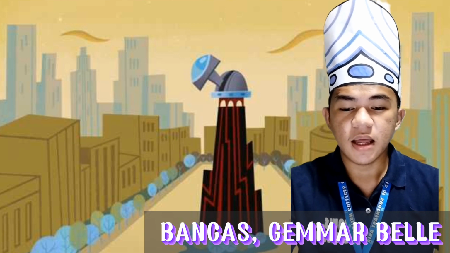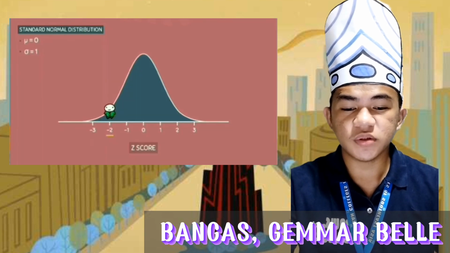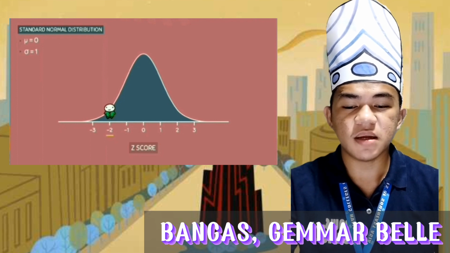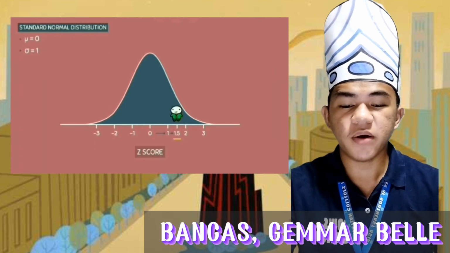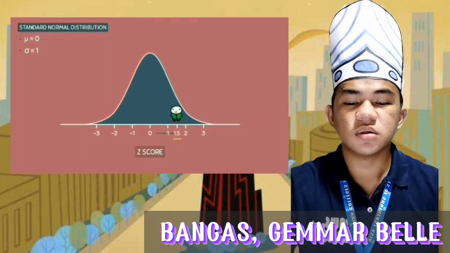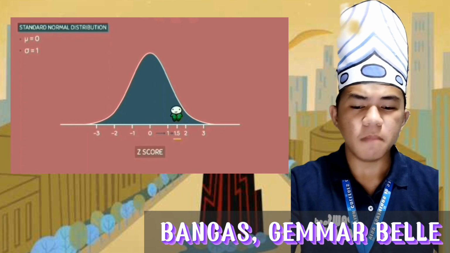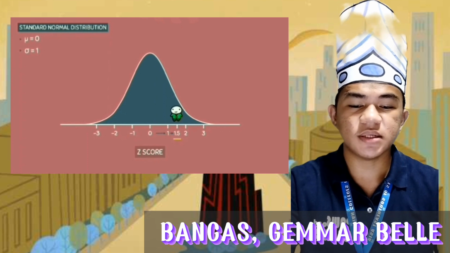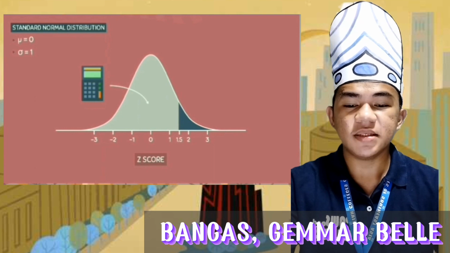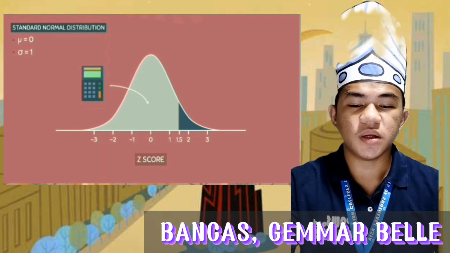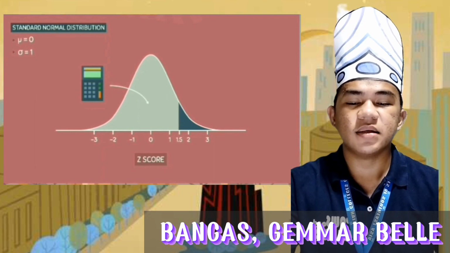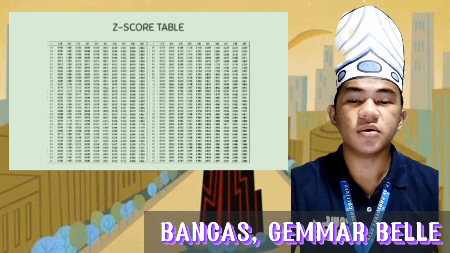For example, a Z-score of -2 tells us that we are 2 standard deviations to the left of the mean, and a Z-score of 1.5 tells us that we are 1.5 standard deviations to the right of the mean. Most importantly, Z-scores allow us to calculate how much area is associated with a specific score, and we can find that exact area using something called a Z-score table or standard normal table.